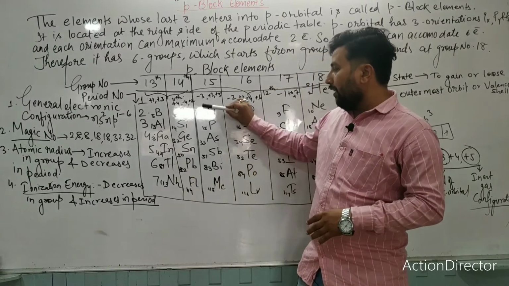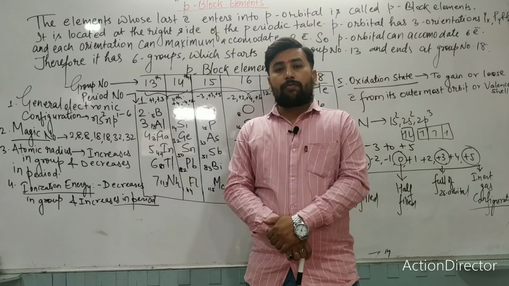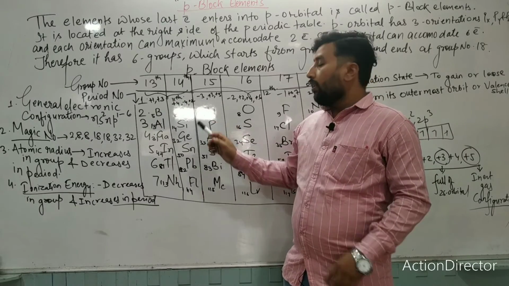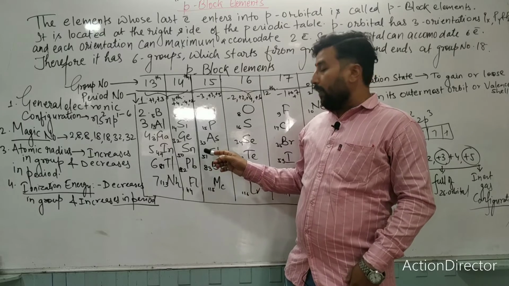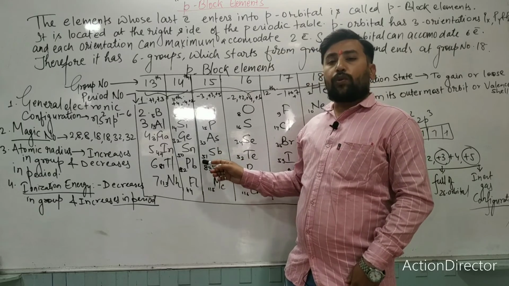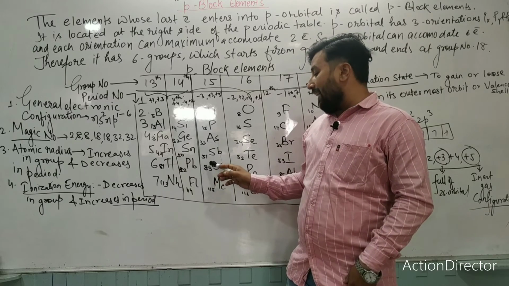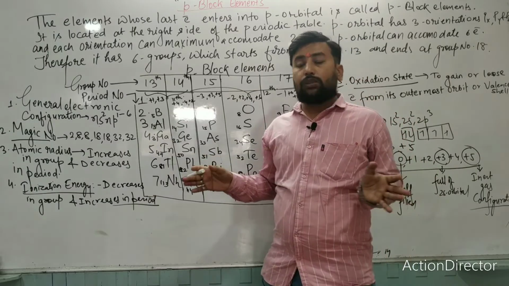Remember: nitrogen, phosphorus, arsenic, antimony, bismuth. General electronic configuration: 2s2, 2p3 of nitrogen, 3s2, 3p3 phosphorus, 4s2, 3d10, 4p3, 5s2, 4d10, 5p3, 6s2, 4f14, 5d10, 6p3.